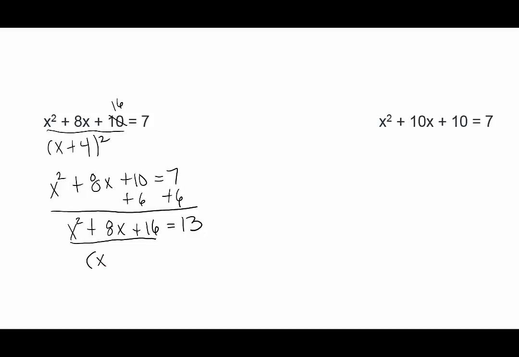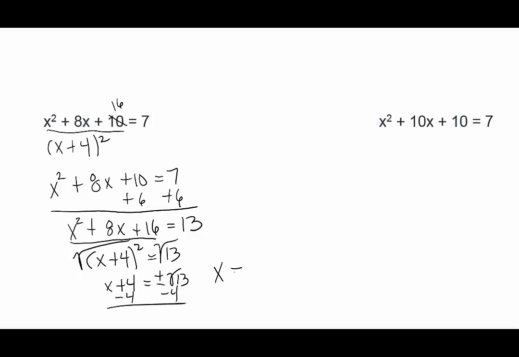So this factors into x plus 4 squared is equal to 13. Square root of both sides. X plus 4 is equal to plus or minus the square root of 13. Subtract 4 from both sides. X is equal to negative 4 plus or minus square root of 13.